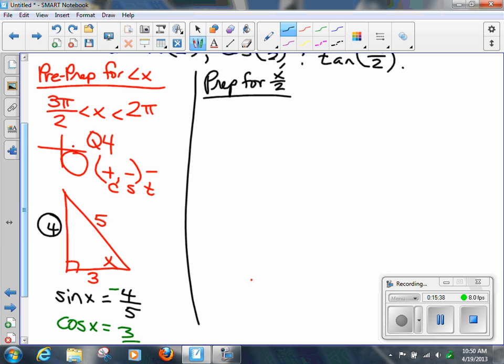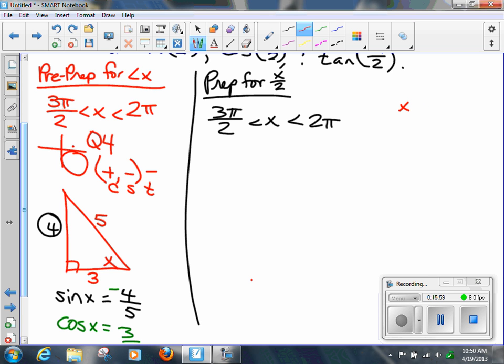Folks, what was the parameter, that compound inequality that we were given? Right here it is. 3 pi over 2 less than X less than 2 pi, right? Well, if I have the angle X, how did X turn into X over 2? This is just thoughts, you don't have to write this down.